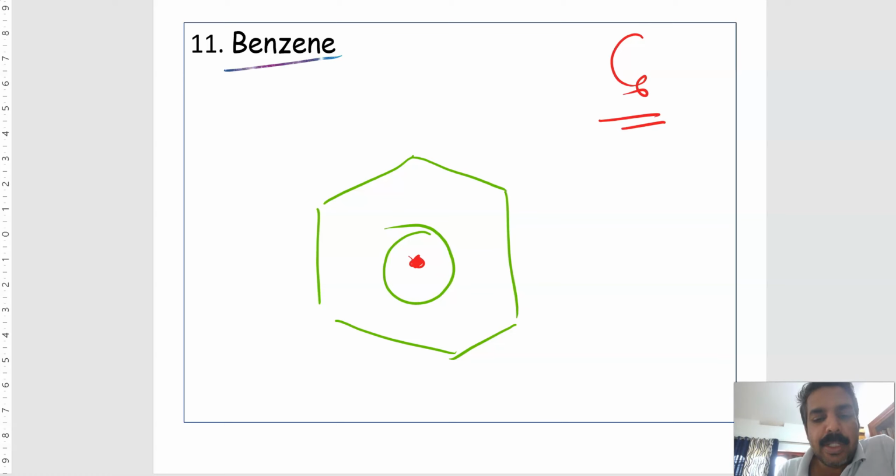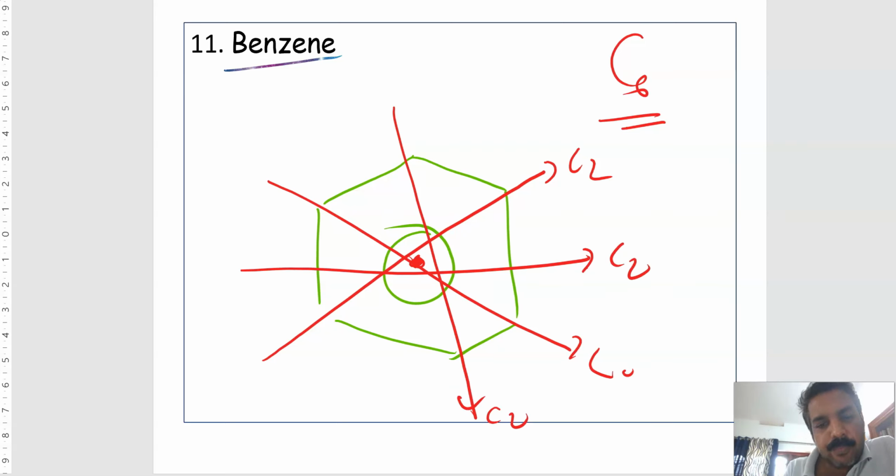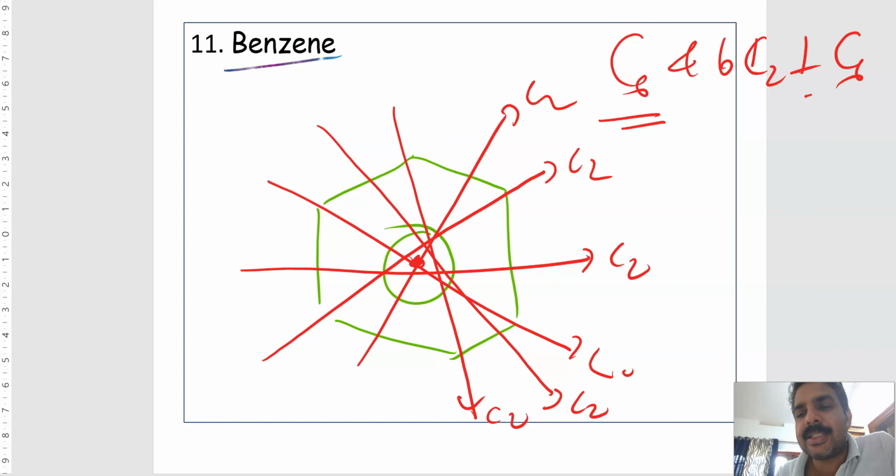And how many C2s are there? Of course, there are 6 C2. This is a C2. This is another C2. This is the third C2. 4 C2. 5 C2. And next one, yes, of course, this one, C2. And C6, and there are 6 C2s perpendicular to C6.